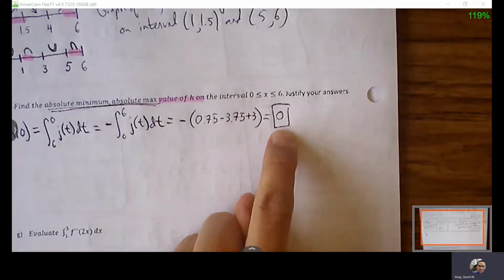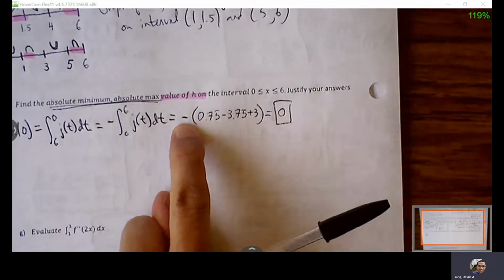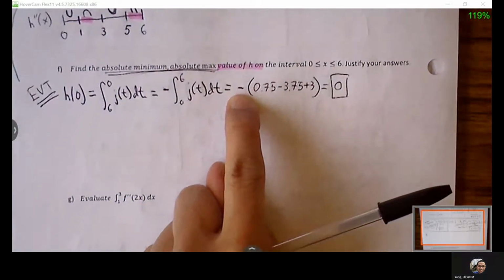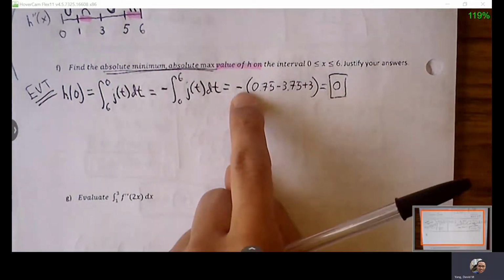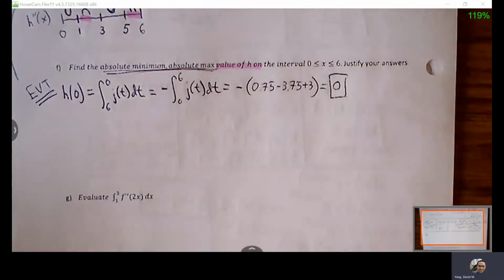However, it just ends up being 0, so it looks like that sign change is not going to matter. But normally, if it was a different number, we would have to make sure that we adjust for that sign change. Okay, next up, H of 1.5.